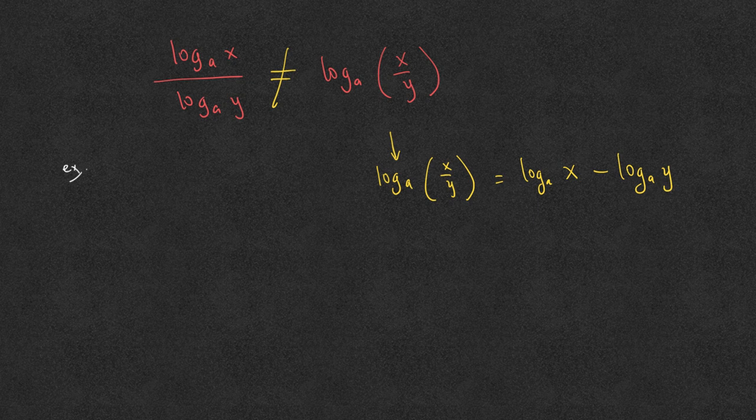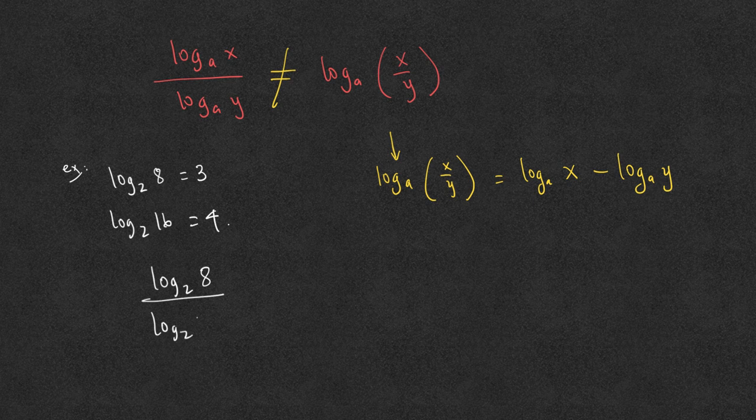And so for example, log base 2 of 8 is 3 and log base 2 of 16 is 4. And so if we were to take log base 2 of 8 over log base 2 of 16, then we'll get 3 over 4. And so in this case, x is 8 and y is 16.